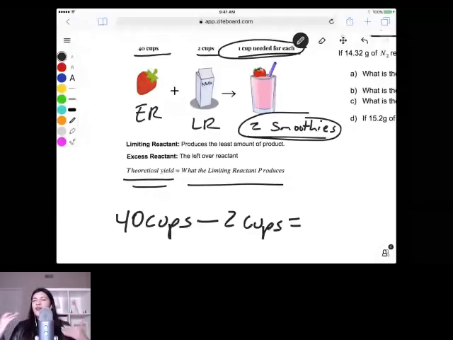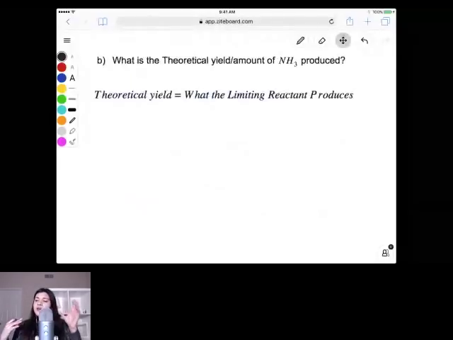So now that we get that overall idea that we have to use our theoretical yield, what was that? What the limiting reactant produces, right? Those are definitely key topics here. And I realize I skipped one real quick. Let me go back. What is the theoretical yield or amount of NH3 produced?